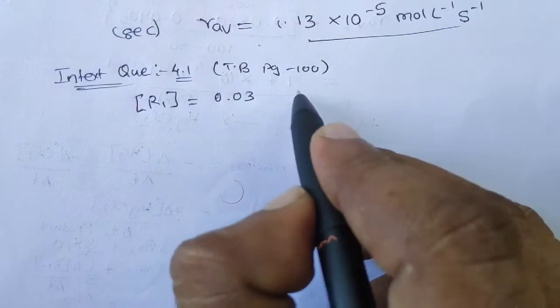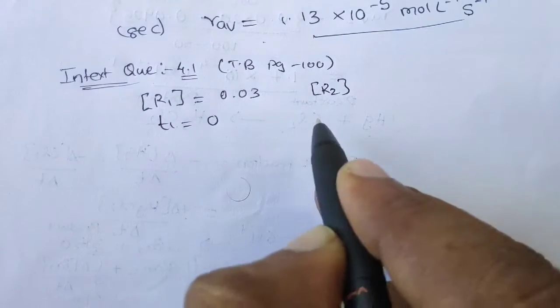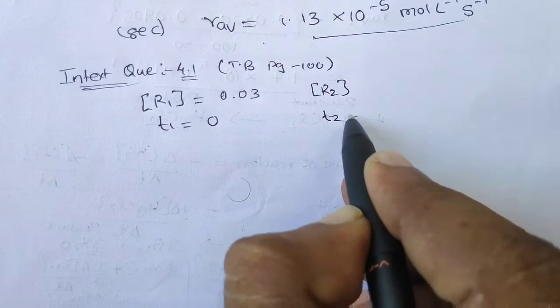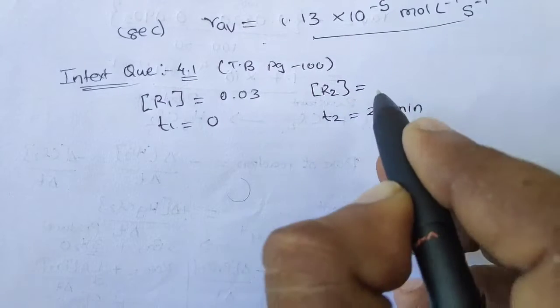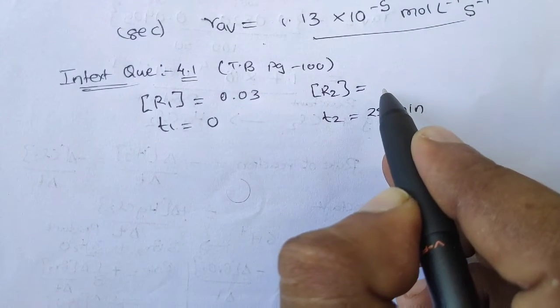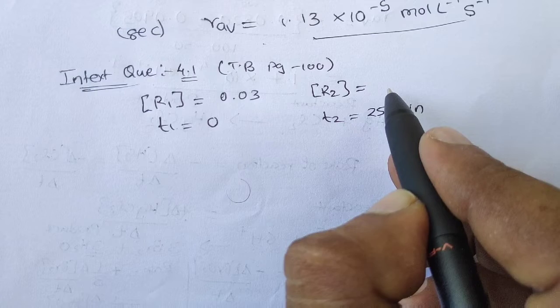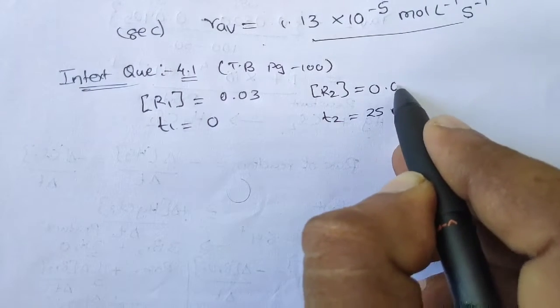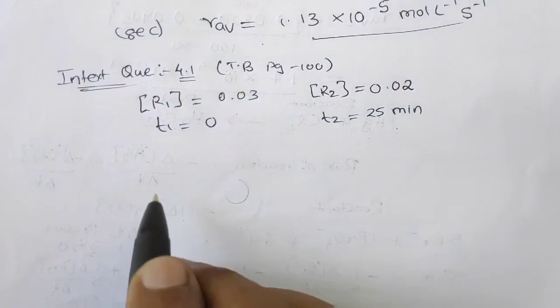right? Same way concentration R2: at time T1 equal to 0, and here T2 is equal to 25 minutes, as given. R2 concentration after 25 minutes is given as 0.02, right? Now you have to calculate the average rate.